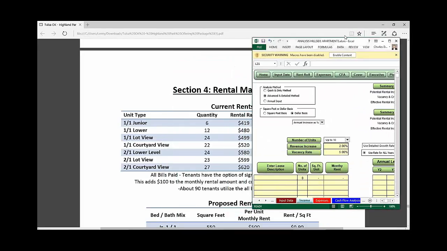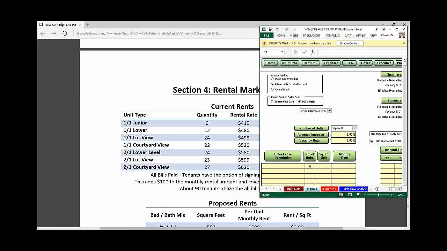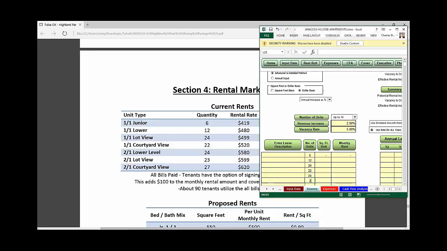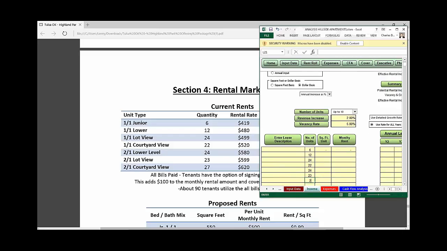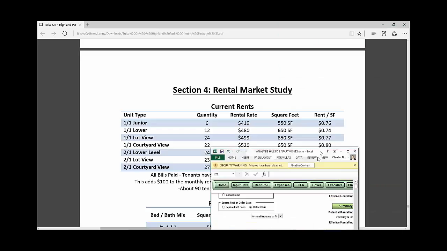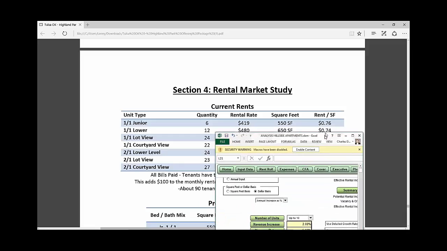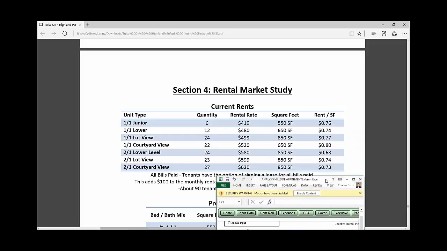What I'm going to do here is I'm going to put in these numbers: 6, 12, 24, 22, 24, 23, 27. All right, and I'm going to put in the monthly rent. Remember, because here we've got the current rents right here.